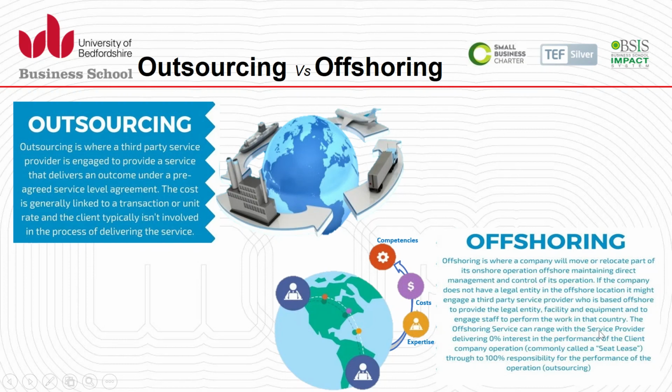in that country. The offshoring service can range with the service provider delivery with 0% interest in the performance of the client company operation, commonly called a seat lease, though it can go up to 100% responsibility for performance of the operation as outsourcing.